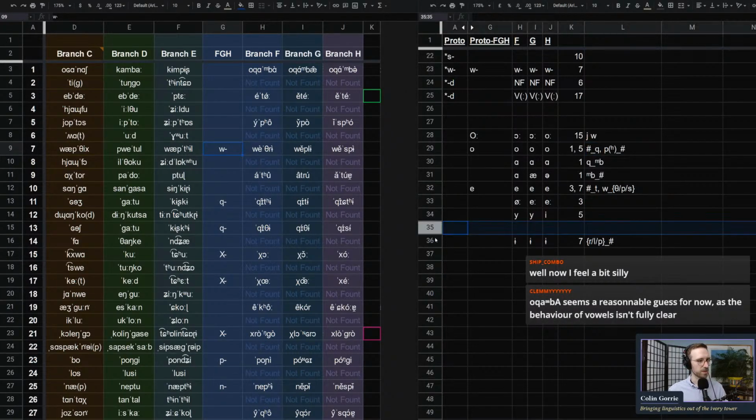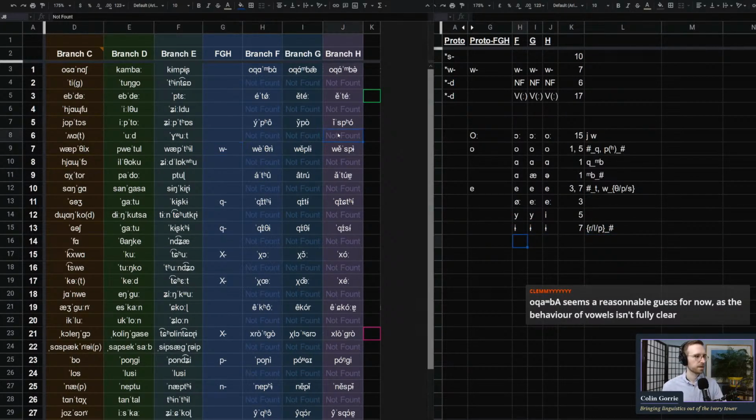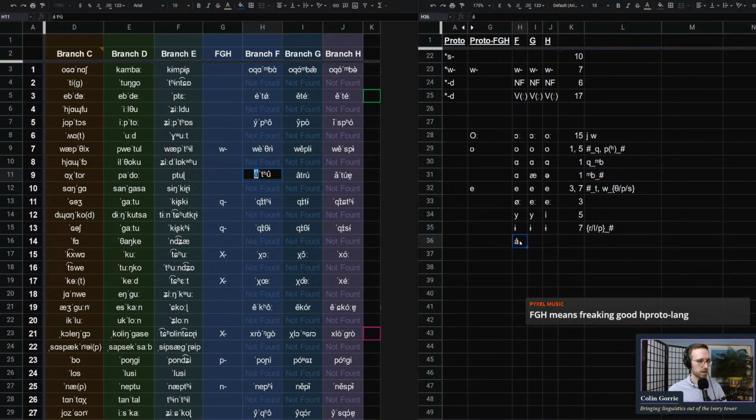Are we done with this? Okay. All right. So then we have A in front of some sort of a coronal stop, word initially.